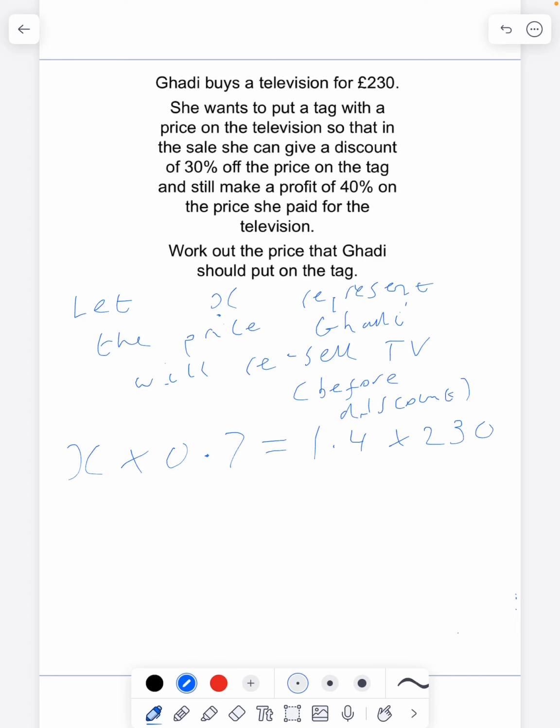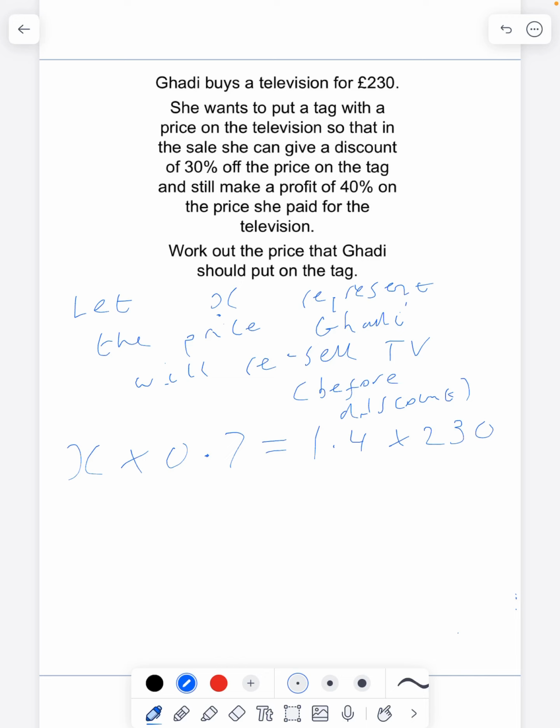Well, again, in the question we've been told that she wants to offer a 30% discount and still make a 40% profit whilst doing that. So to find what the resale price will be after the 30% discount, we can times it by 0.7, because when we take off 30% from a value, we'll be left with 70%, and so 0.7 tells us that remaining 70% that's left.